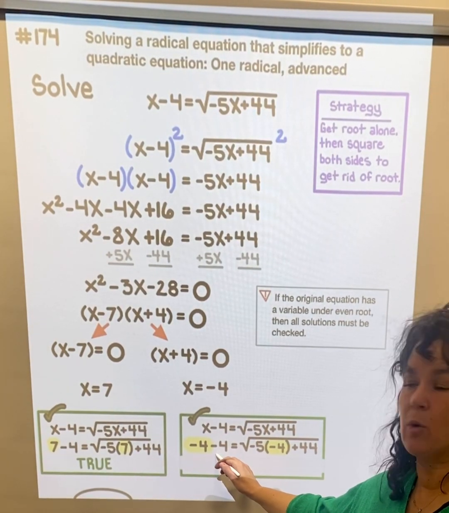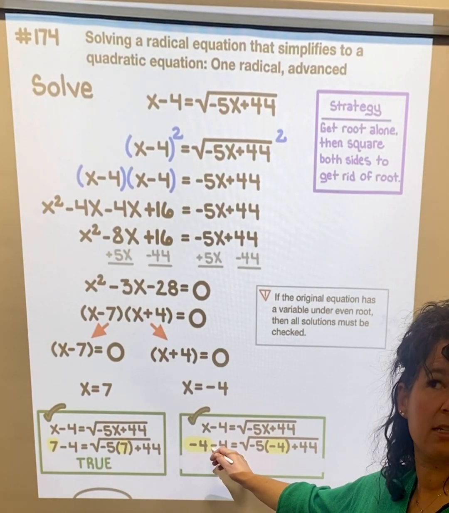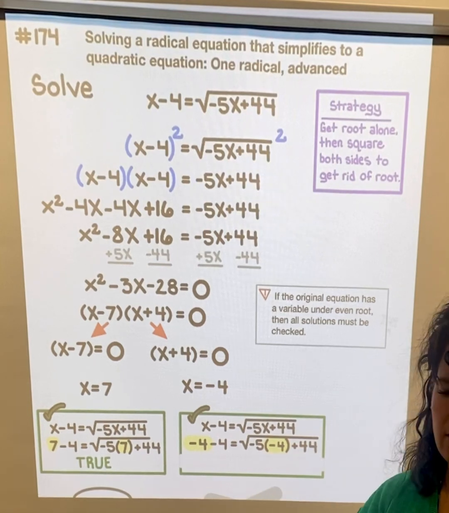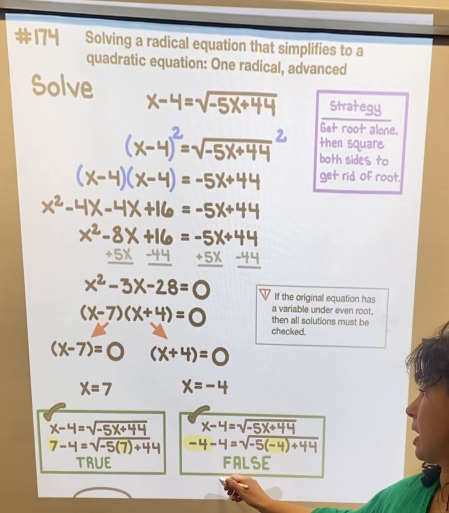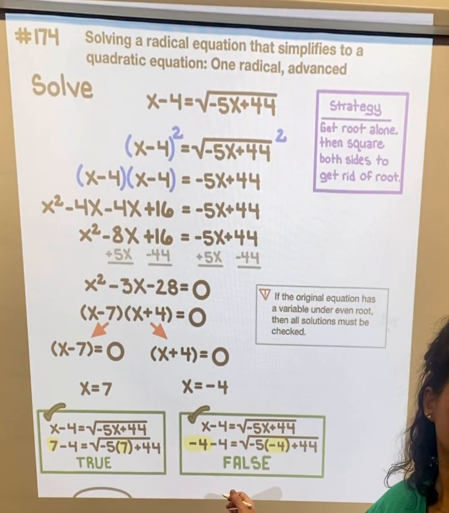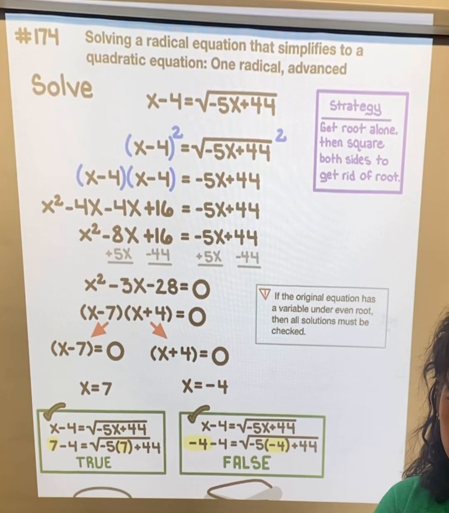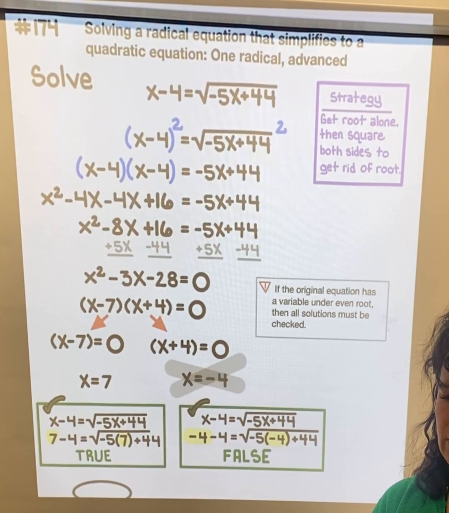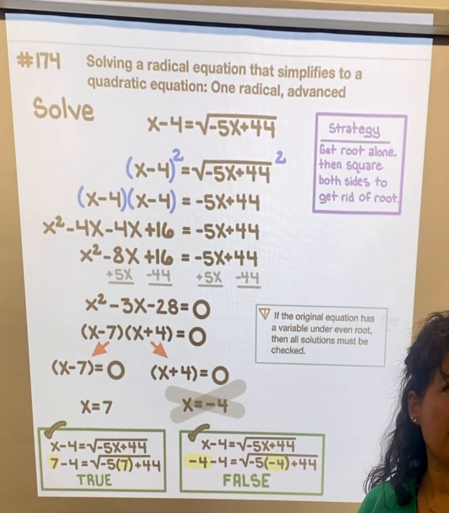Without even doing any more simplifying, the square root of something is not going to give me negative 8. If I go ahead and finish simplifying there, I'm going to end up with positive 8, but we've got negative 8 equals 8, not true. So that means that we want to throw out this one, and our only answer is going to be 7.